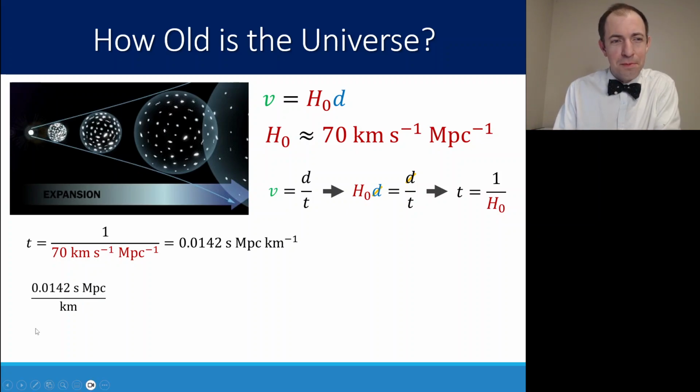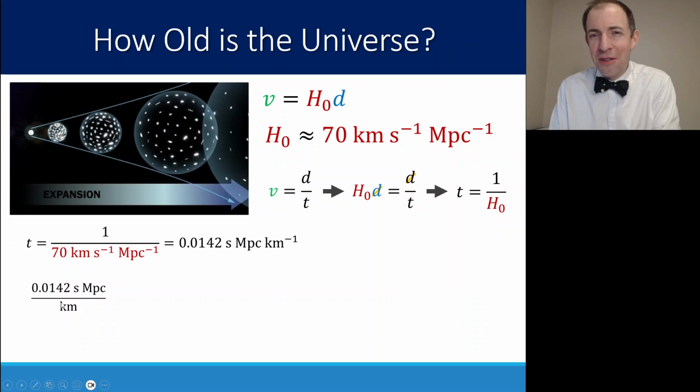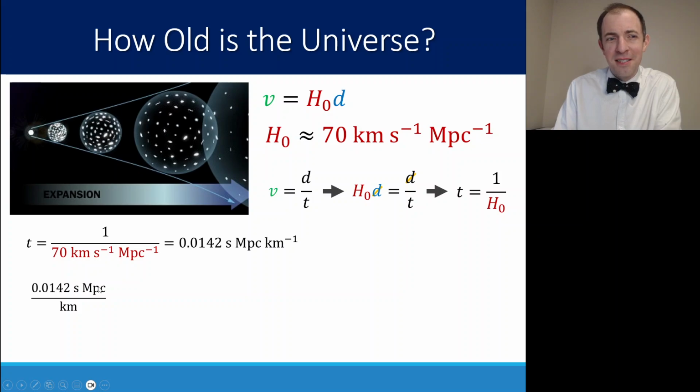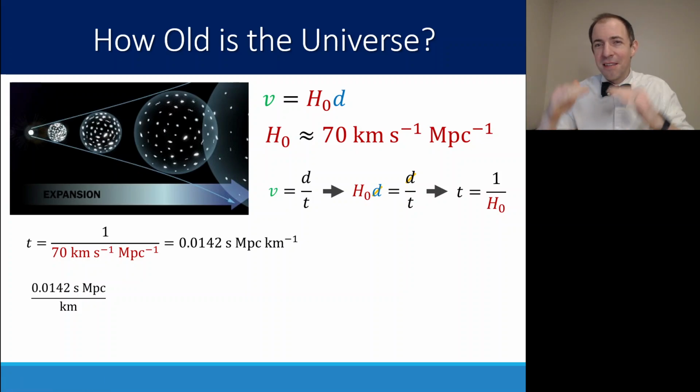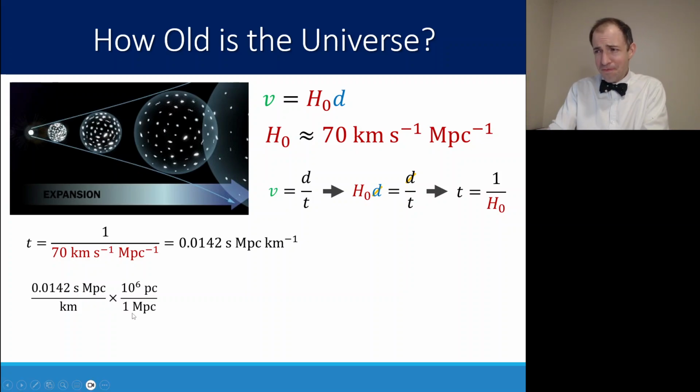So let's display this in a little bit more dimensional analysis friendly strategy. Here I've got 0.0142 seconds times megaparsecs divided by kilometers. I want to get these distances to equal each other because if they are the same thing on the top and the bottom, they will cancel. So let's start with megaparsecs. Megaparsec is just a million parsecs, or 10 to the sixth parsecs.